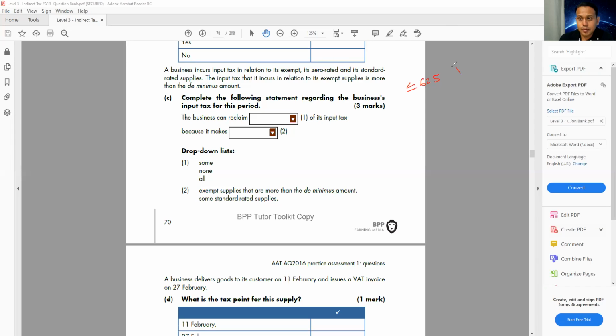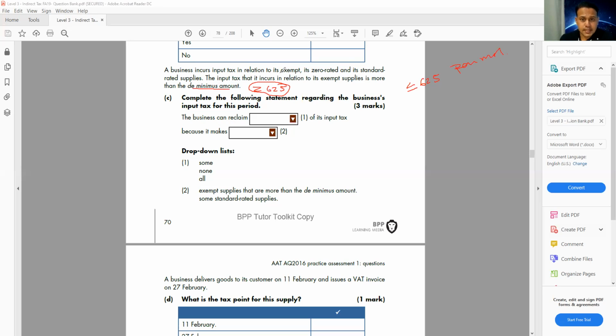625 per month. This has to be less than 625. Now this question is saying the input tax that is incurred in relation to its exempt supplies is more than the diminished amount. So obviously, if it is more than 625, I cannot claim all the VAT.